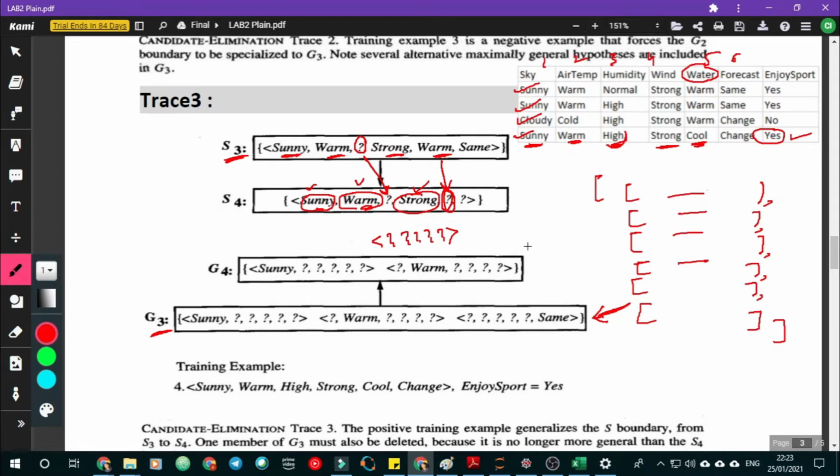Okay, we are reading the fifth one. So what was the value of this prior? This was sunny, this was warm, right? This was sunny, this was warm, and question mark everywhere, and here also question mark everywhere, and here we had same.